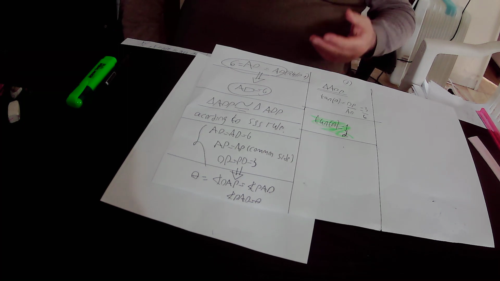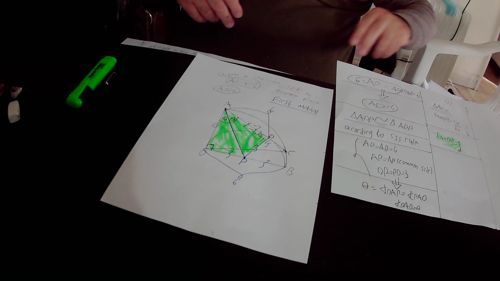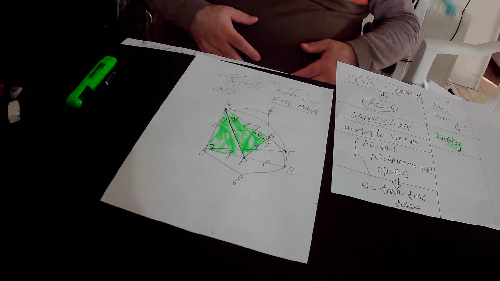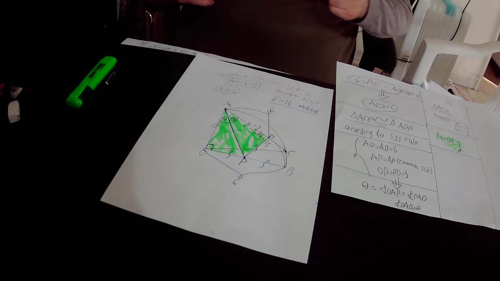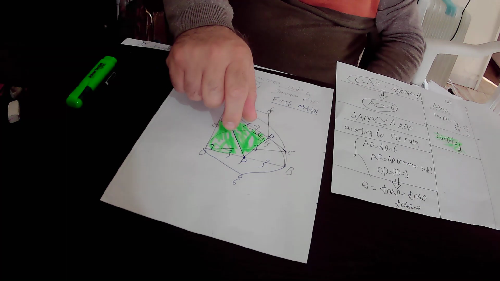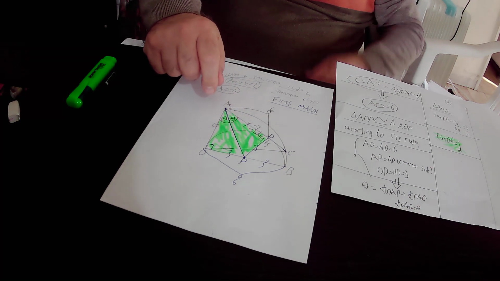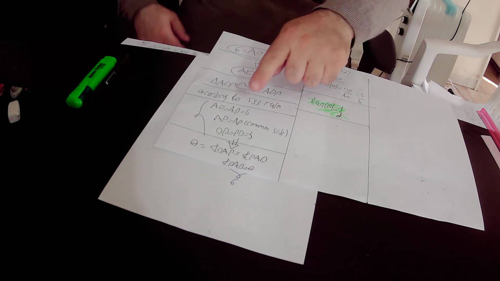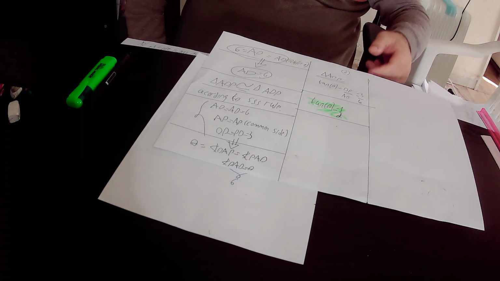Therefore, we proved that the two right triangles are congruent according to the side rule, and from the fact that those two right triangles are congruent, we will conclude that those two angles are equal to each other, according to the rule that corresponding angles in congruent triangles are equal. That is to say, angle OAP equals angle PAD.